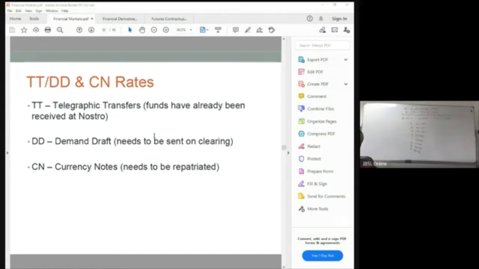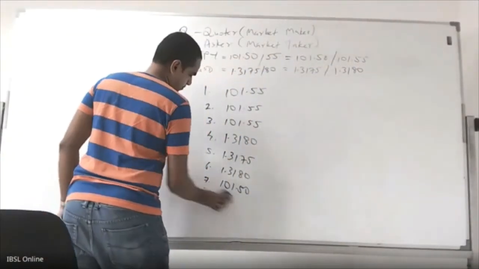So that means you are giving customers money today. If a customer comes to you with dollar currency notes, you are giving him the rupees today itself.